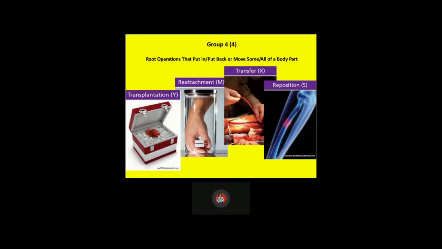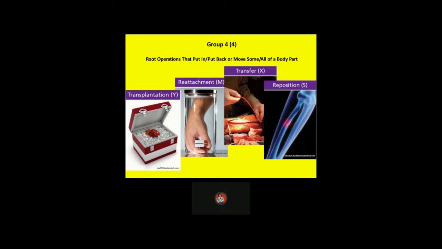I want to remind you, if you are in the middle of preparing for the CCS exam, it's important that you understand and can apply the root operations so that on the day of the test, you can attack the test and it doesn't attack you. One strategy that I think is important is knowing the fact that the character values Y, M, X, S, for example, relate to the root operation.